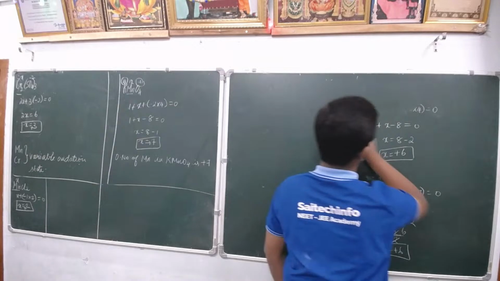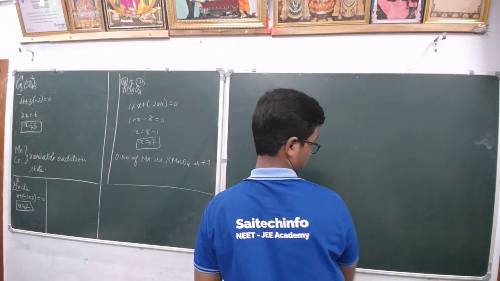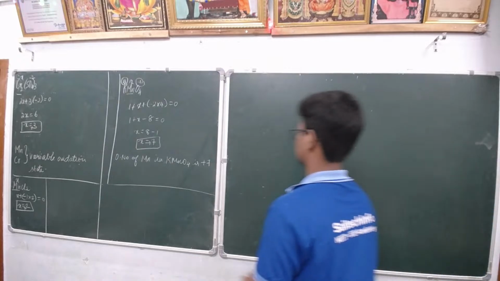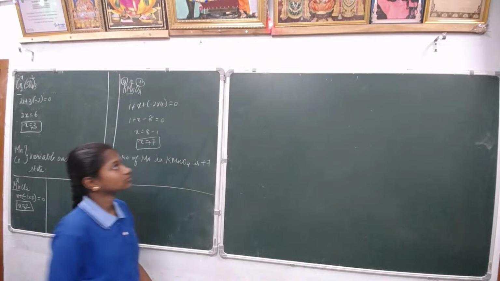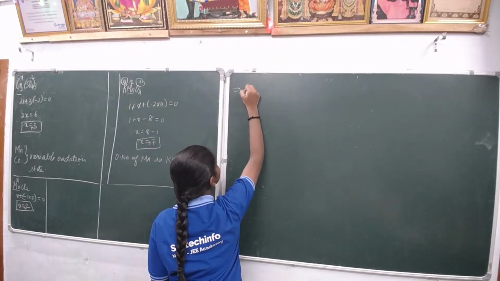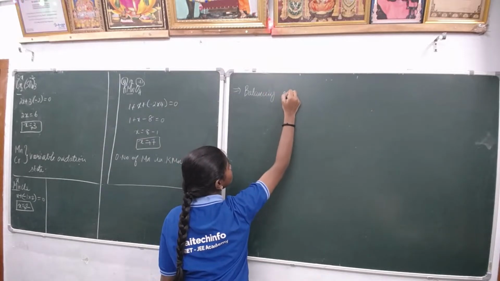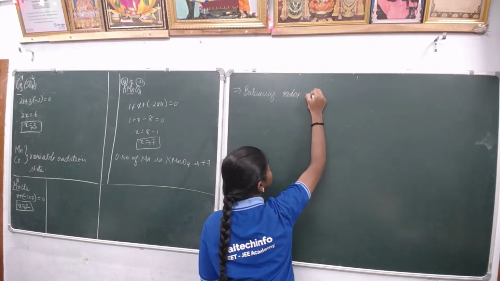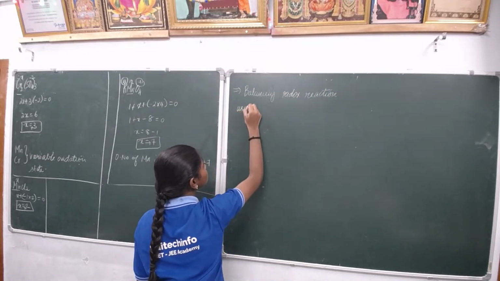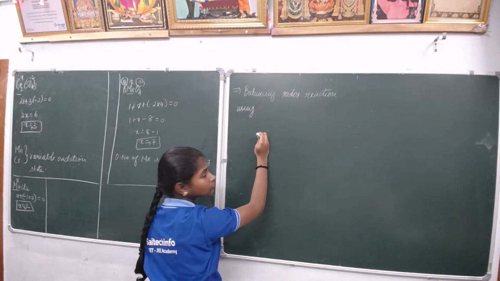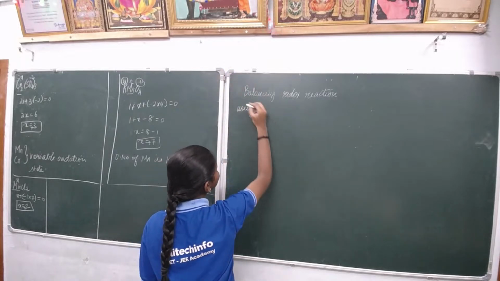Balancing of redox reactions using oxidation number method. You can remove that arrow mark. Balancing of redox reactions.